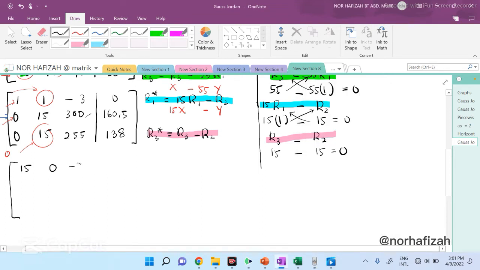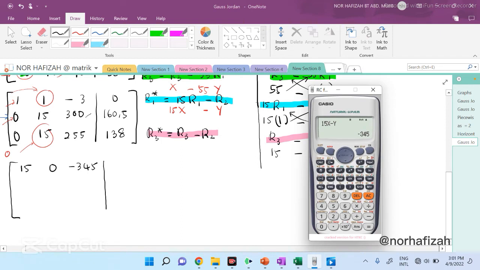So here you get negative 345. Okay, next to it, just a straight line, not the bracket. So here will be 0. Calculate 0 equal 160.5. Here, 0.5 equal. Wow, change that to decimal. Negative 160.5.